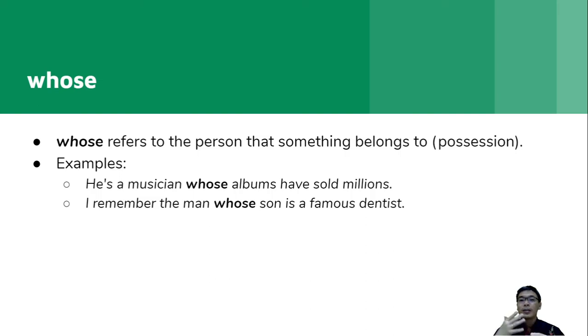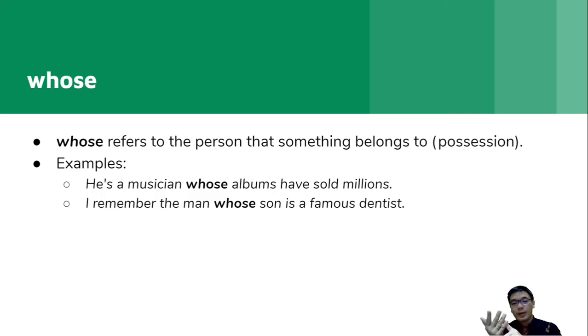So we have learned five relative pronouns. Who for a person, remember. Which for things, when referring to time, where referring to a place, and whose to show possession.